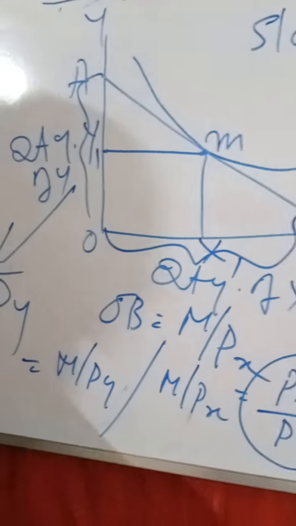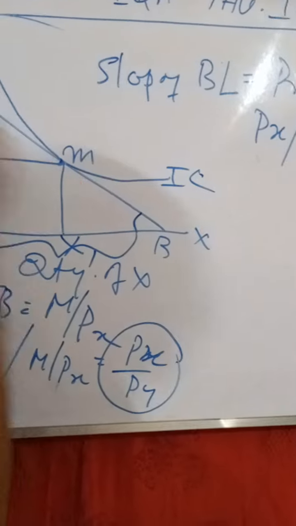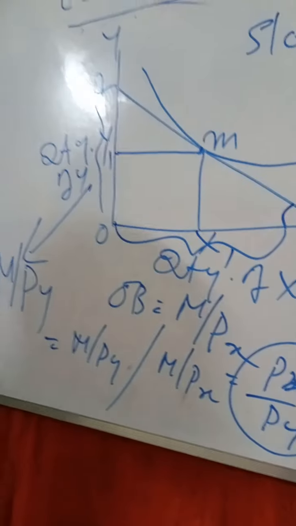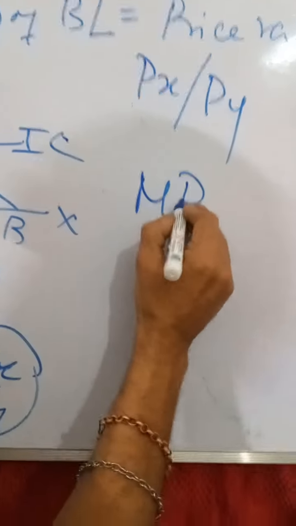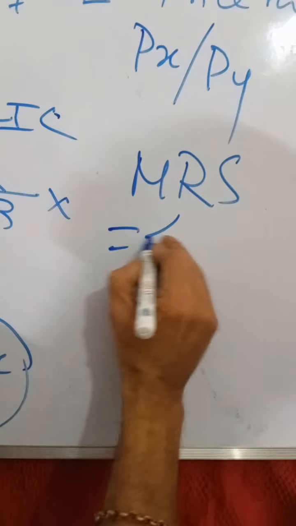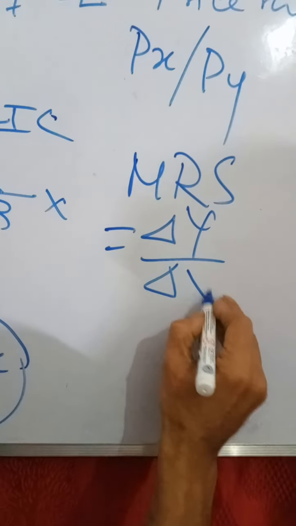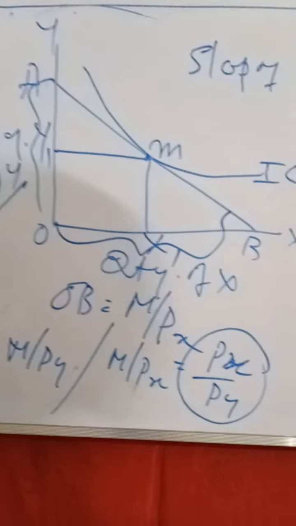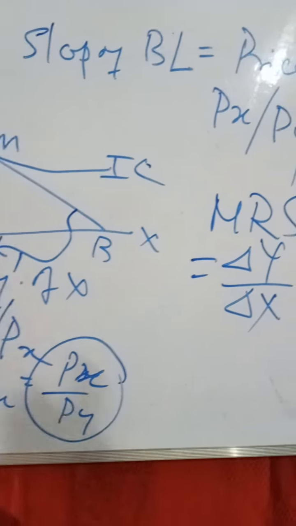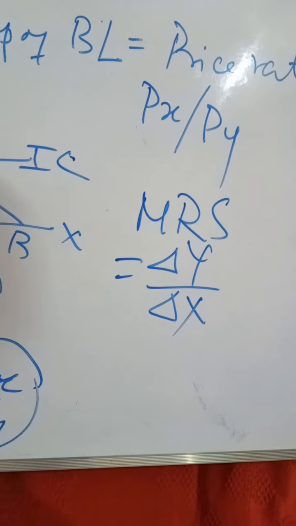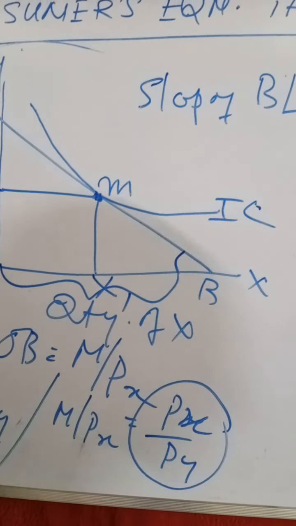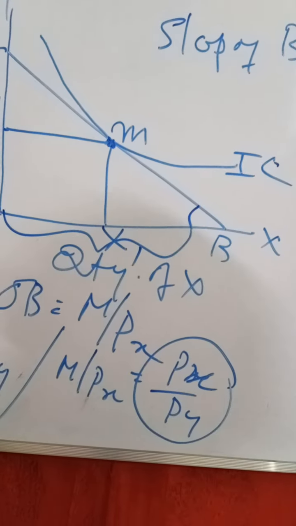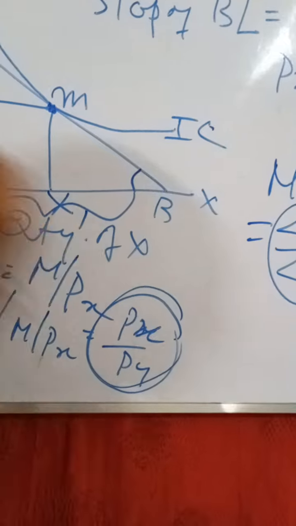Now, what is the slope of the indifference curve at this point? We have learned marginal rate of substitution, MRS, which is equal to delta Y by delta X. MRS, that is marginal rate of substitution of X for Y, is delta Y by delta X. So at this point, MRS is equal to delta Y by delta X, and the slope of the budget line is Px by Py.